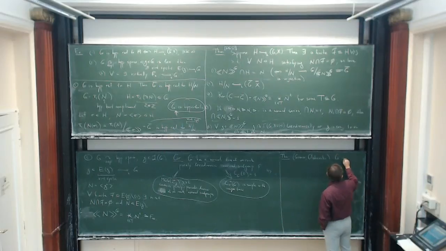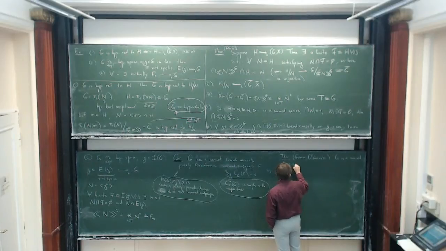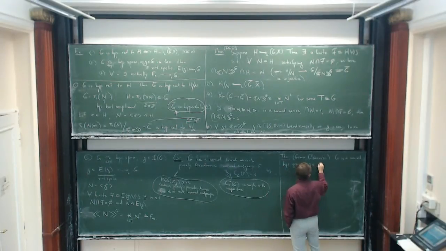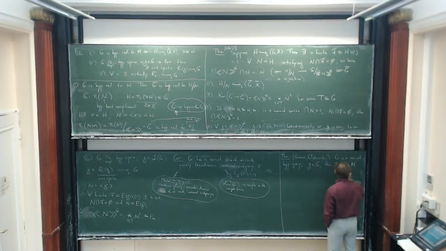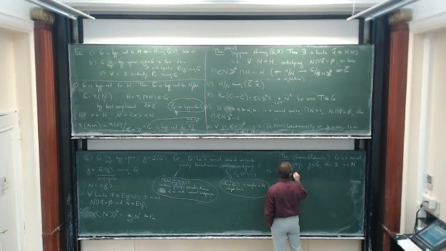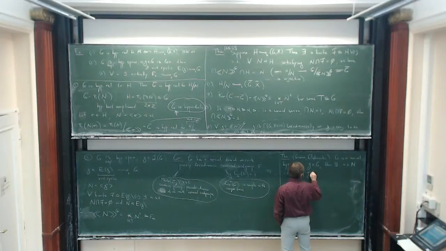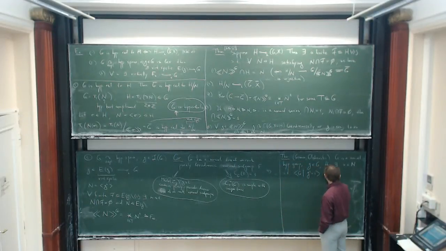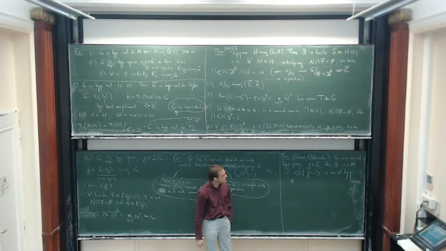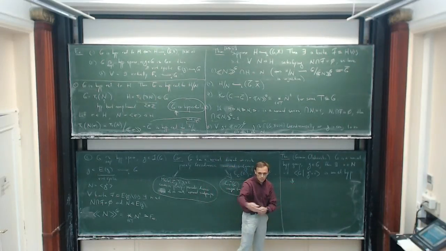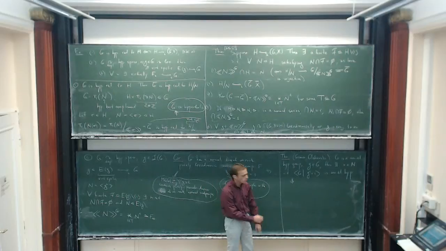If G is a non-elementary hyperbolic group and g is an element of G, then there exists a natural number n such that if you take G and impose one additional relation, g to the n equals 1, what you get is also non-elementary hyperbolic. So an immediate consequence: now you can just enumerate all elements of your group and impose these relations one by one. What you get in the limit is a torsion group.